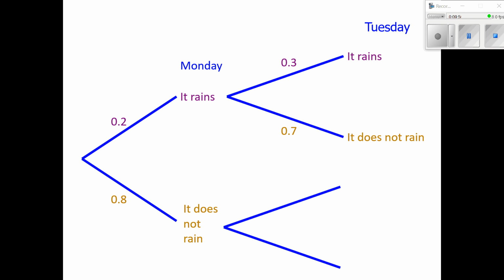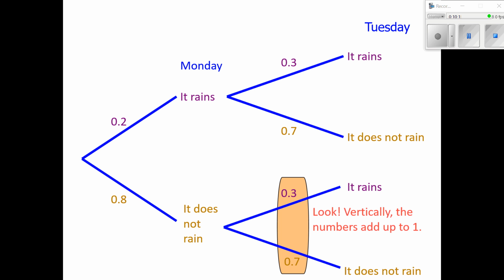But on the Monday, if it didn't rain, with a probability of 0.8, we now have to enter the lower 2 branches, if it rains or it doesn't rain on Tuesday. So again, the probabilities are the same as above, and yet again, it adds up to give us 1. I'm sure you figured that out.